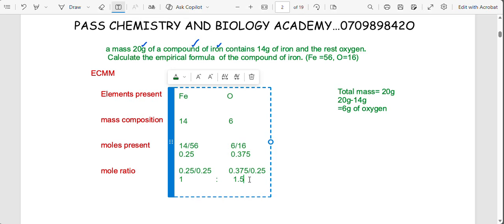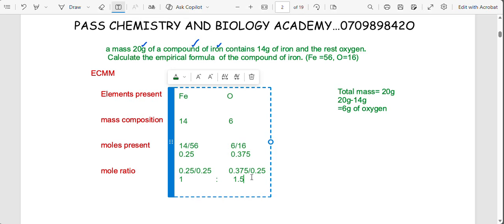Okay, so when we divide this one, it will give us a 1 automatically here, but since it is a mole ratio, this symbol should be there in the middle. Then 0.375 divided by 0.25 gives us 1.5. Now, there are different situations.